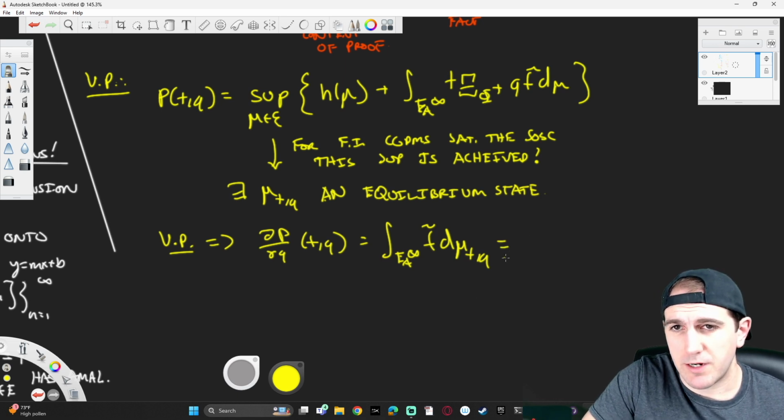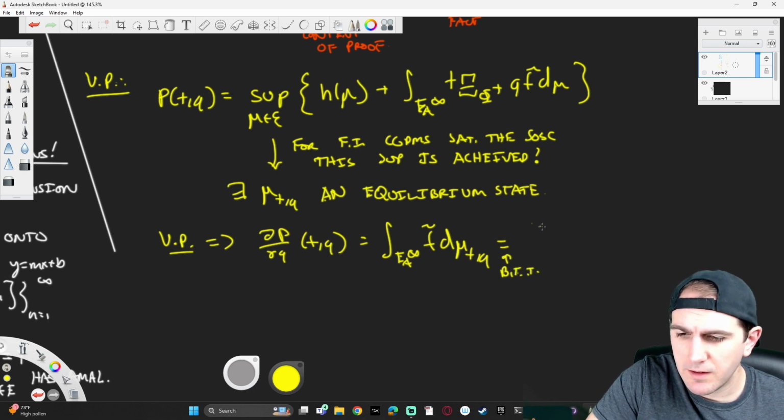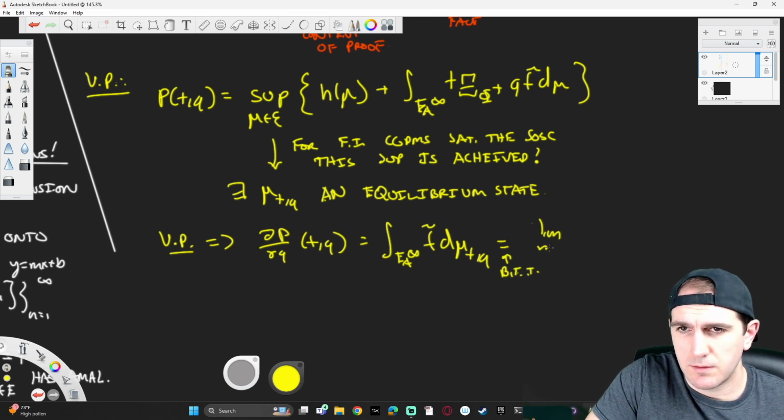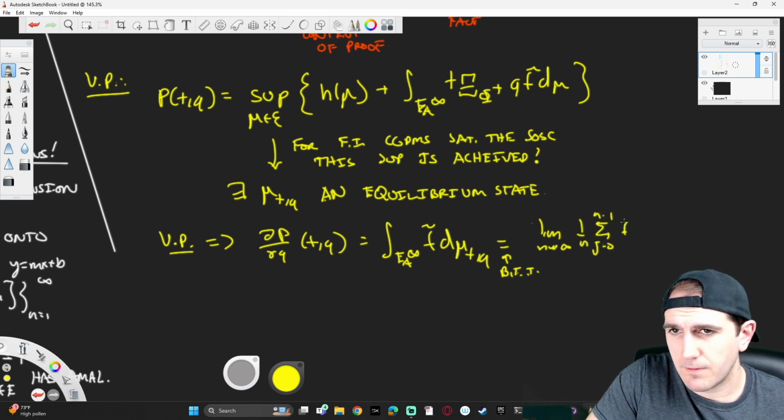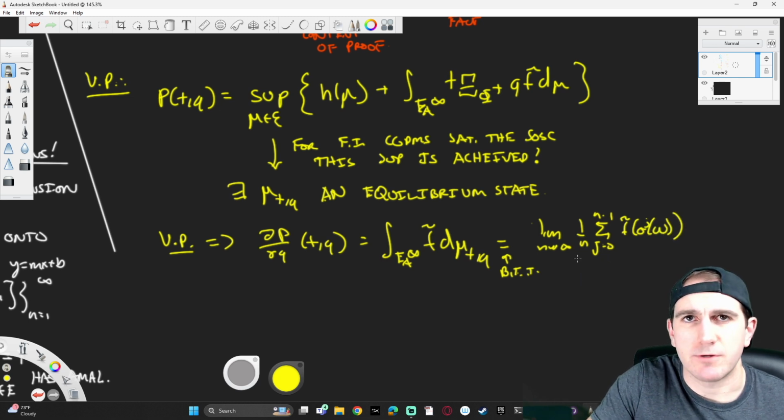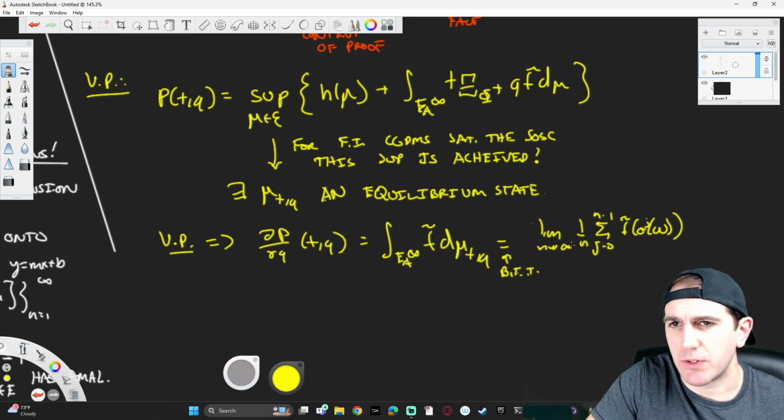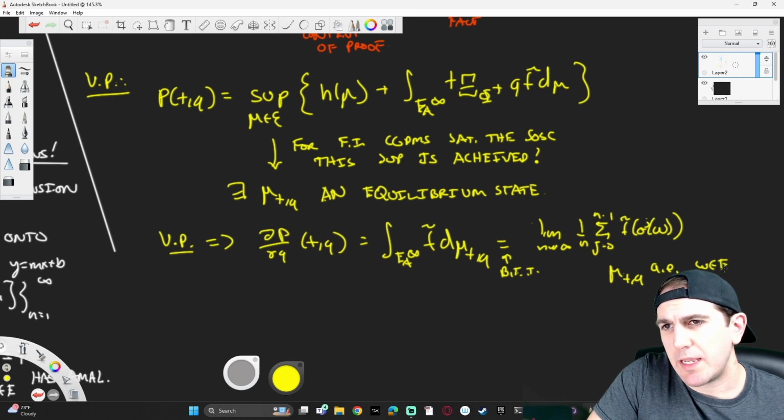And by Birkhoff's ergodic theorem, again, it's just a time average. This is just an F-exponent, for mu TQ almost every omega in E A infinity.